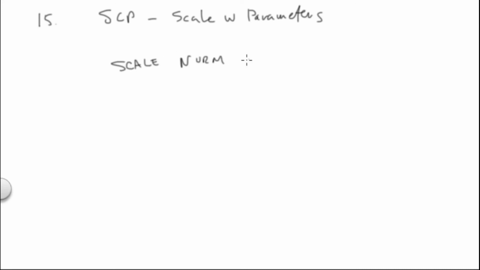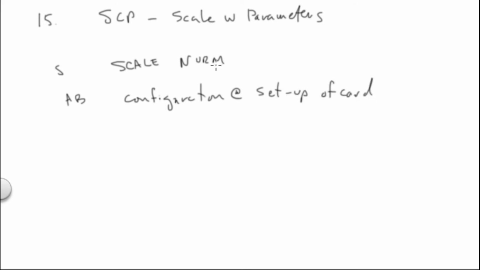We're going to deal with this again in chapter 10. And Allen Bradley does the configuration at setup time of the card. So they handle the scale with parameters very differently between the two.